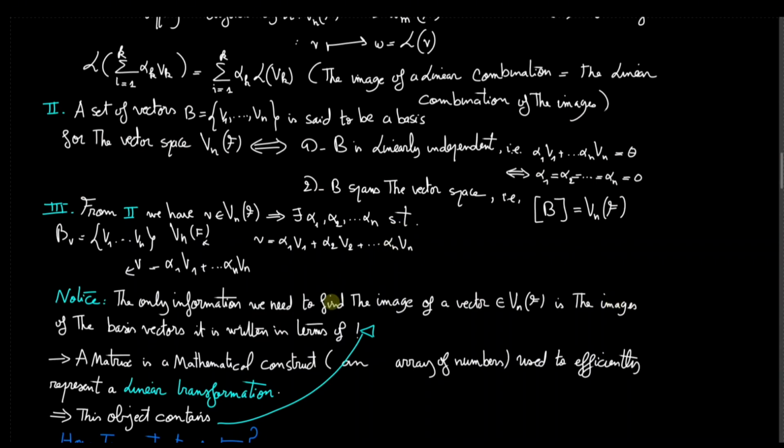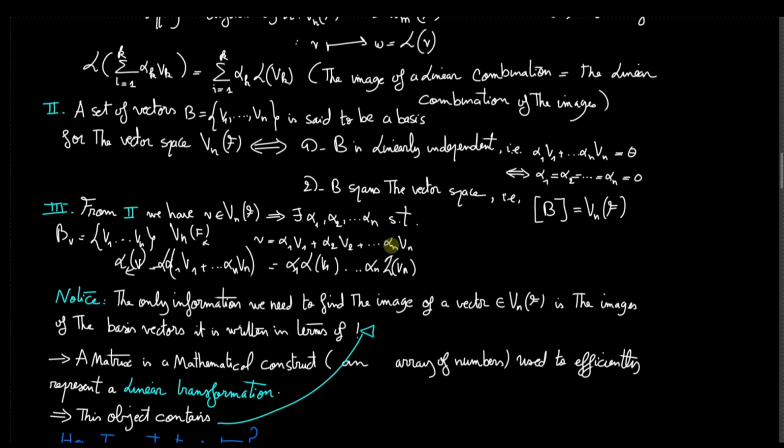Why does that work? Well, that's because of the linearity property. The linear transformation of v, its image, is equal to the linear transformation of this linear combination, which is equal to alpha 1 L(v1) all the way to alpha n L(vn), a linear combination of the transformed vectors.